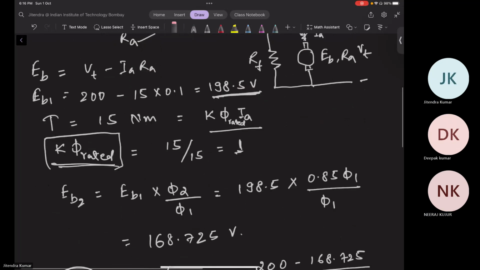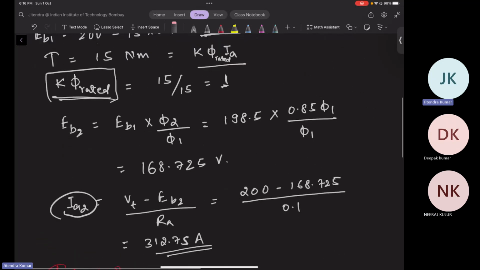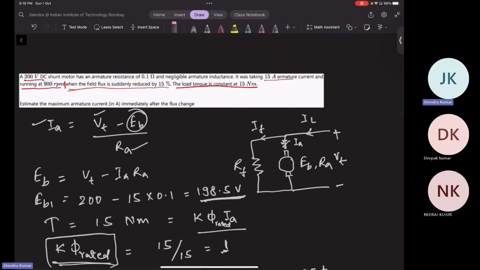Okay. So what I was saying is that in the problem itself, it is mentioned that your flux is reduced immediately, right? See, if your motor is running at certain speed, now you are reducing your flux. That is the electrical domain that you can easily tweak by changing your field current, isn't it?